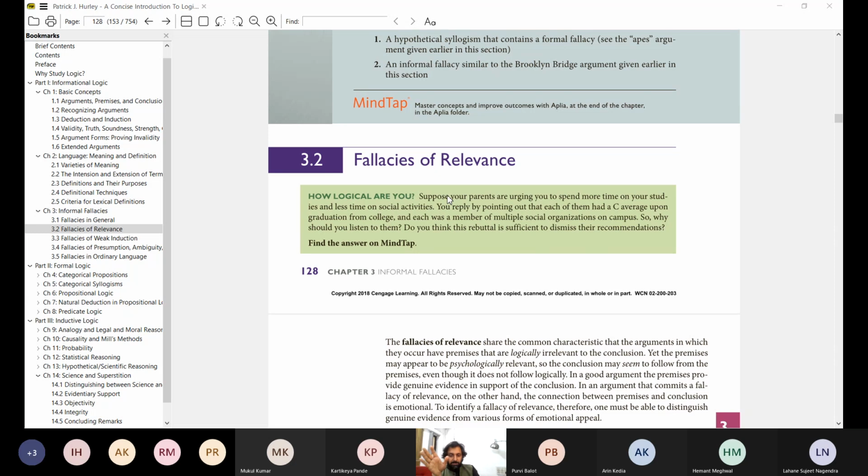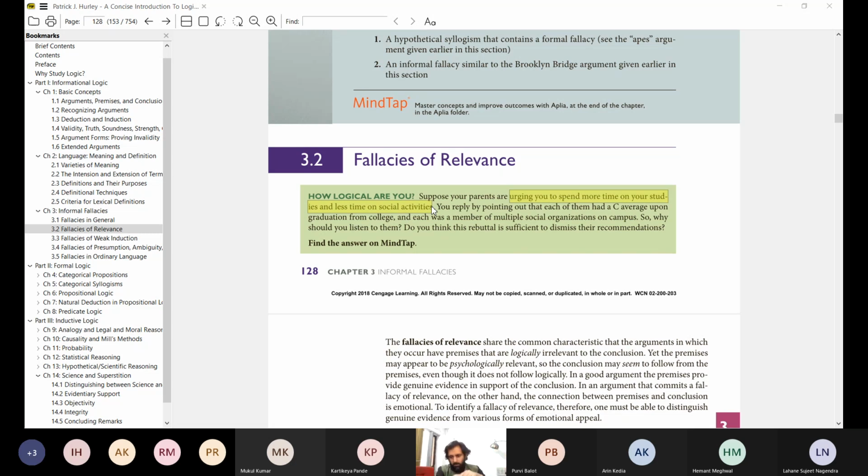The passage doesn't tell us what that justification is. And what you have said, and this is my way of characterizing what a bunch of you said, is that those reasons for why it's a good thing to spend more time on your studies and less on social activities aren't defeated by pointing out some fact about the reasoners.